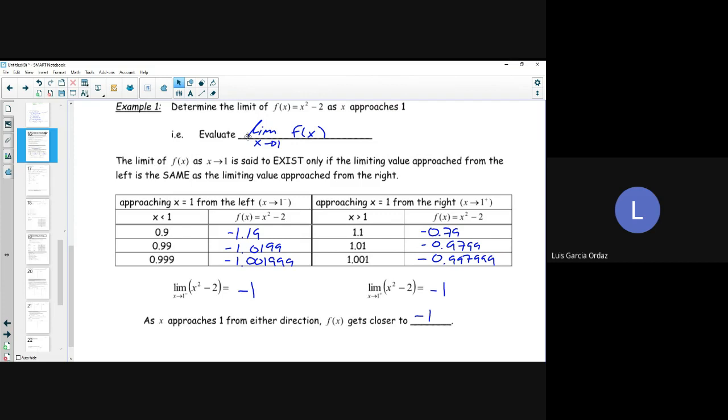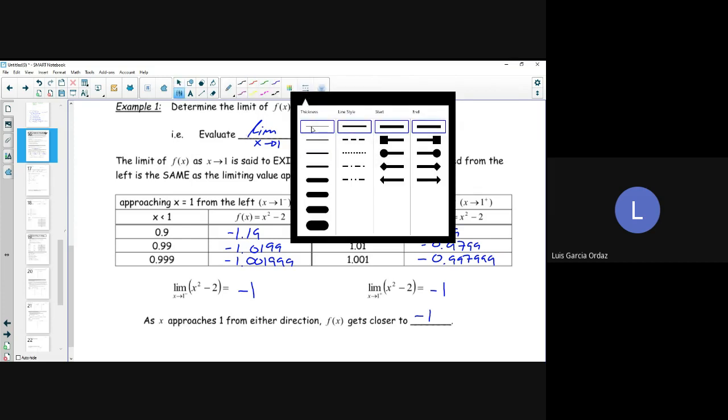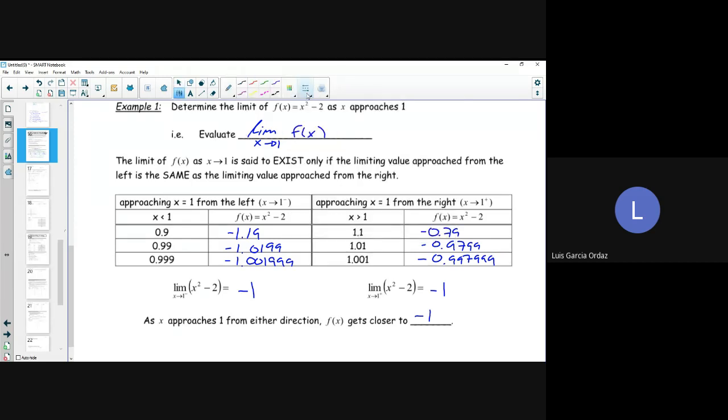Now if I were to draw the graph, it would make sense that negative 1 is the answer. So we have our Cartesian plane. My vertex is going to be at 0, negative 2, and it's a parabola that opens up. We read graphs from left to right. Let's say negative 1 is over here.